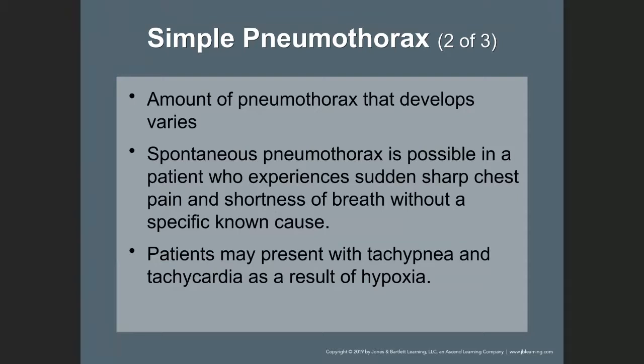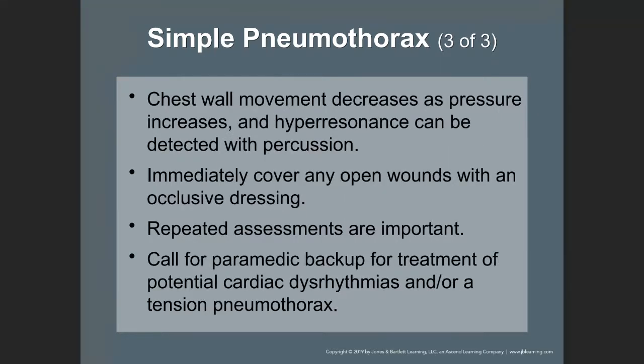Spontaneous pneumothorax is possible in a patient who experiences sudden sharp chest pain and shortness of breath without a specific known cause. Patients may present with tachypnea and tachycardia as a result of hypoxia. Chest wall movement decreases as pressure increases, and hyperresonance, which is caused by air, can be detected with percussion.